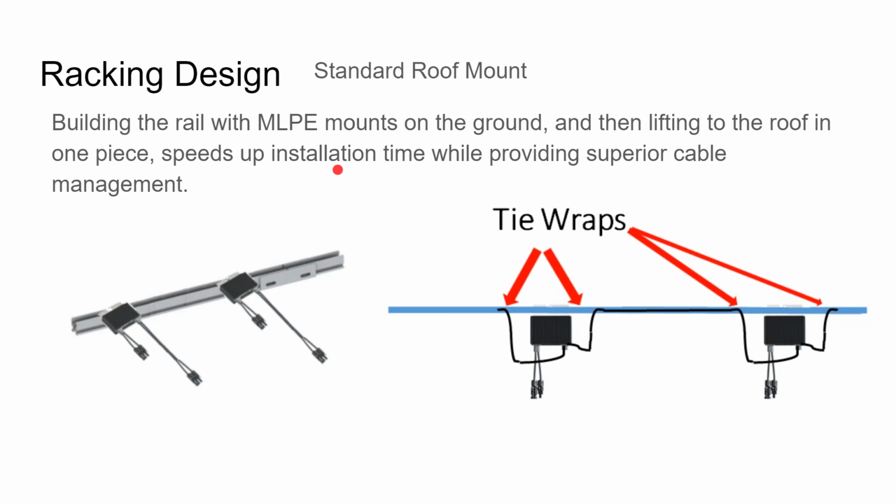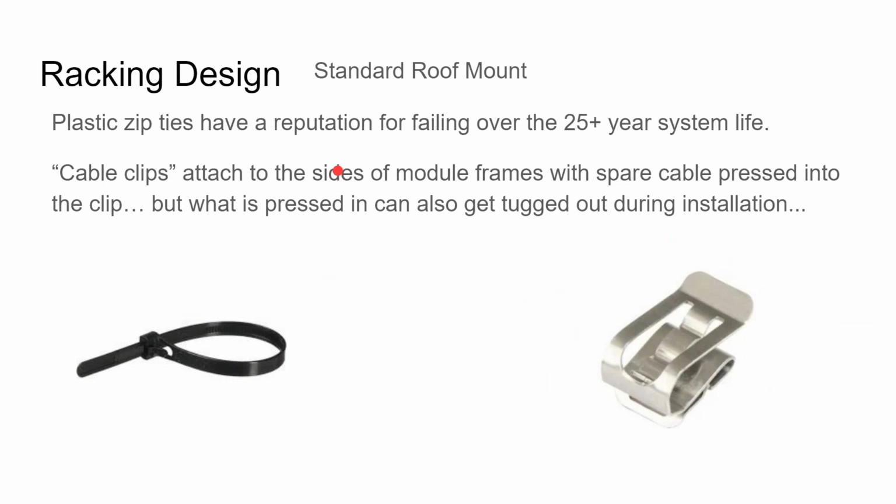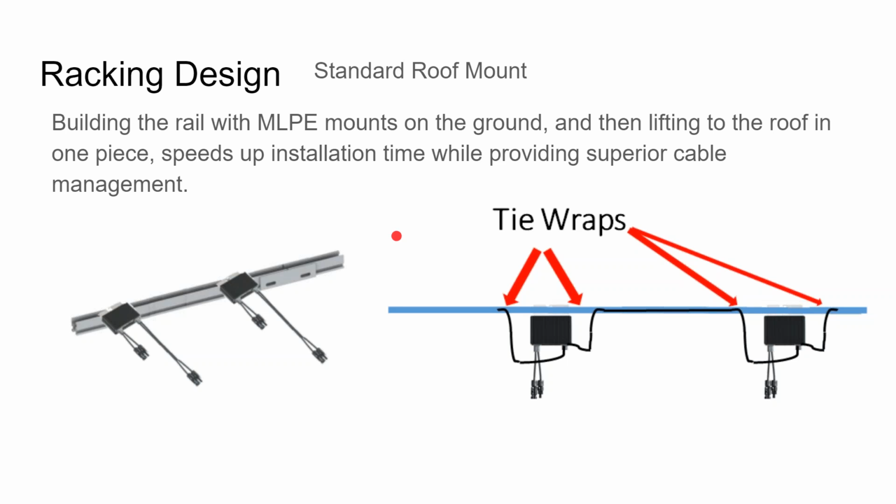So what I do is I take my electronics and cables and I build my rail down on the ground, and I throw my cable into the top channel and secure it with tie wraps. And then when it comes time to put the panel onto the rail, the module frame itself holds the cable into the rail.